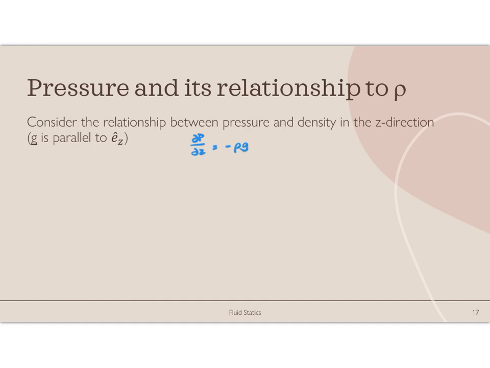Well, if I have a gas, dP/dz is equal to, the density for an ideal gas, negative P times the molecular weight over RT. And now I can do separation of variables. dP over P is equal to negative Mg over RT dz.